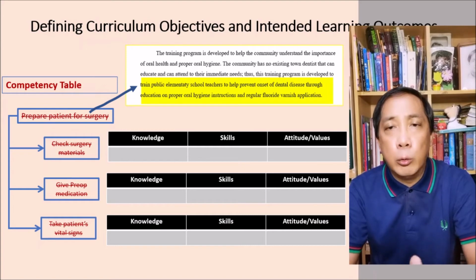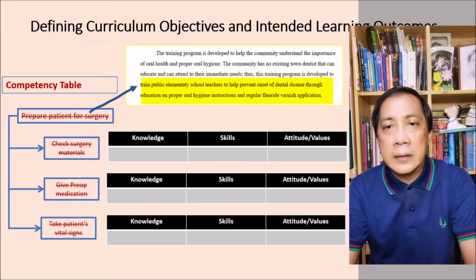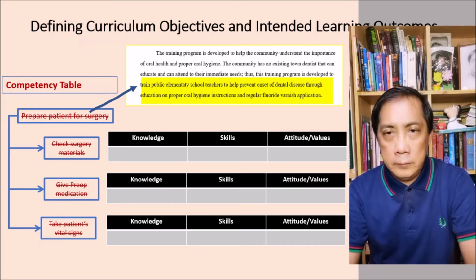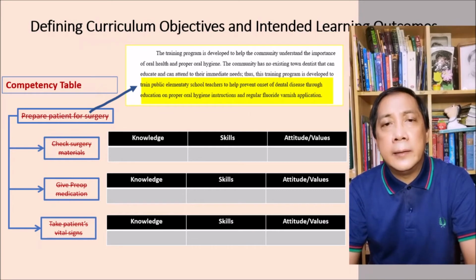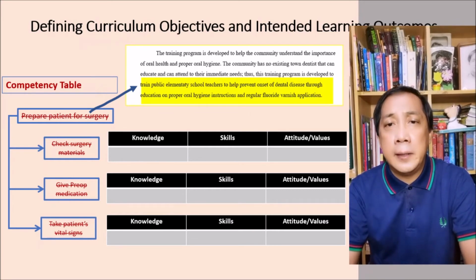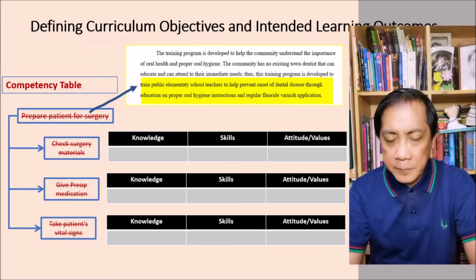So that will be two, and that will give you two major competency areas and several subtasks or tasks within each of the domains. So as I said, the competency area related to oral hygiene per se, and the other competency area will be in educating teachers how to perform oral hygiene education.